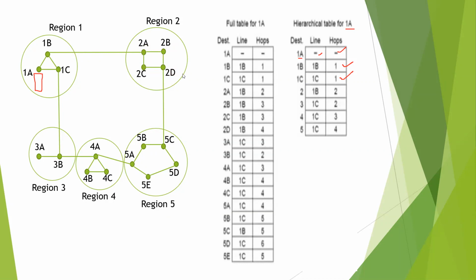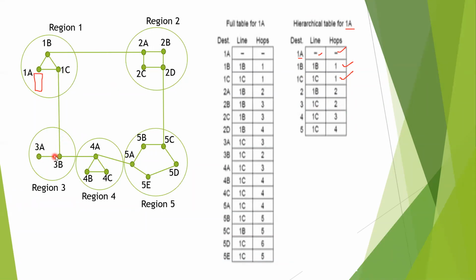Similarly, if I want to reach region 3, the shortest distance is through 1C. Through 1C, I will be taking 2 hops, 1 and then 2. Later on, this will forward to 3A. Suppose from 1A I want to send to 3A, the table just contains 1A to 3. I have to go through 1C and the hops are 2.